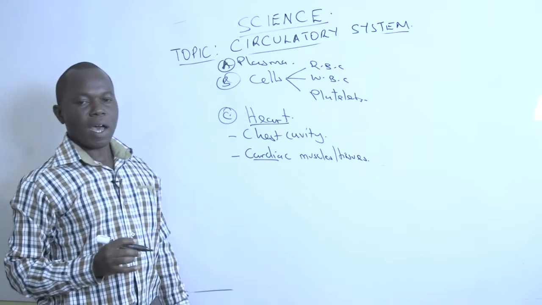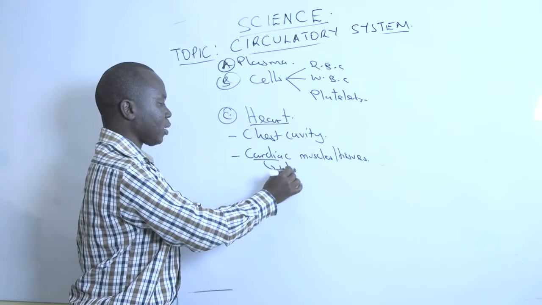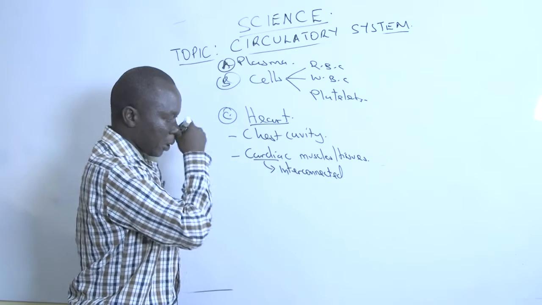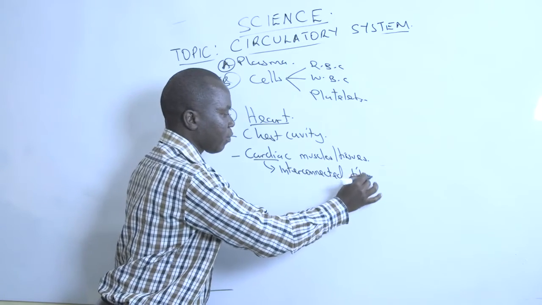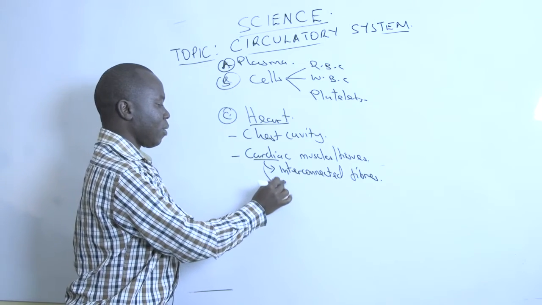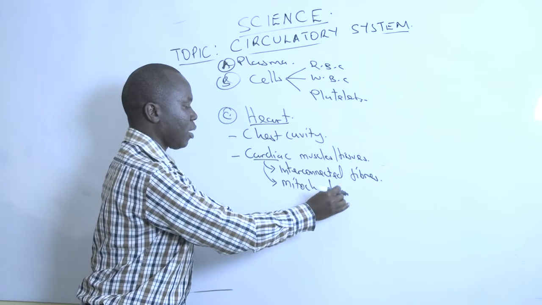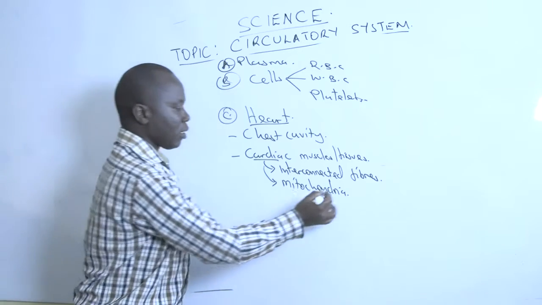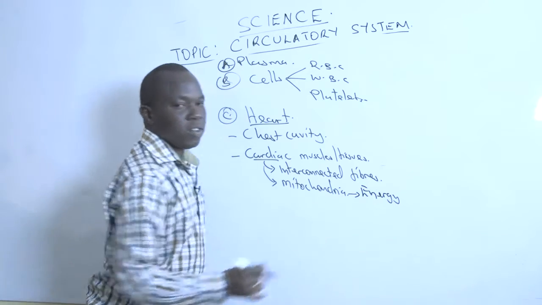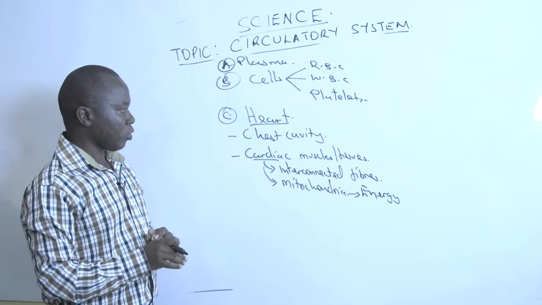Cardiac tissues are very specialized in that they are highly interconnected. It's made up of interconnected fibers and has many mitochondria. The role of mitochondria here is to provide enough energy for contraction and relaxation of the heart muscle.